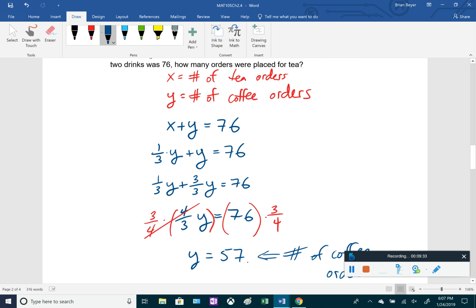So that means we have to do 1/3 times y, which is 1/3 times 57. That's 57 divided by 3, which equals 19. And that is going to be our answer. That is the number of tea orders.